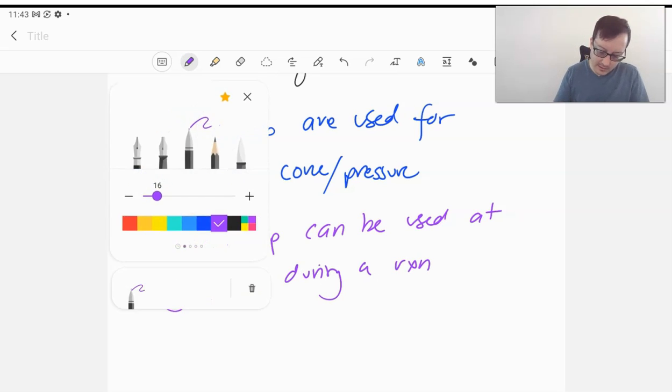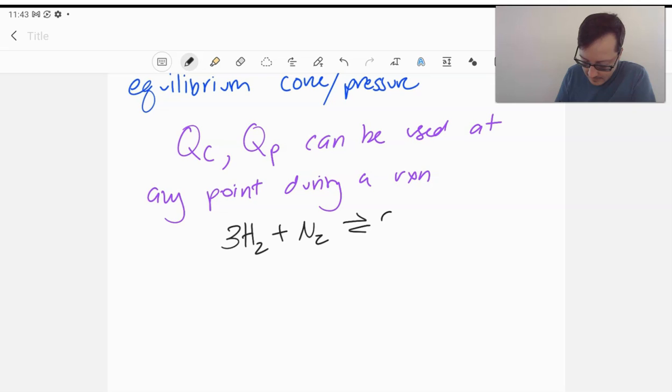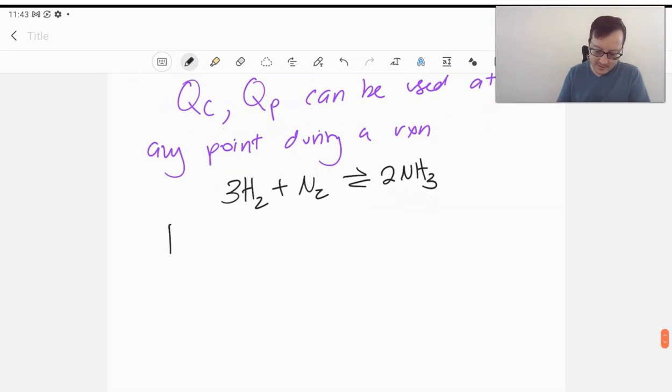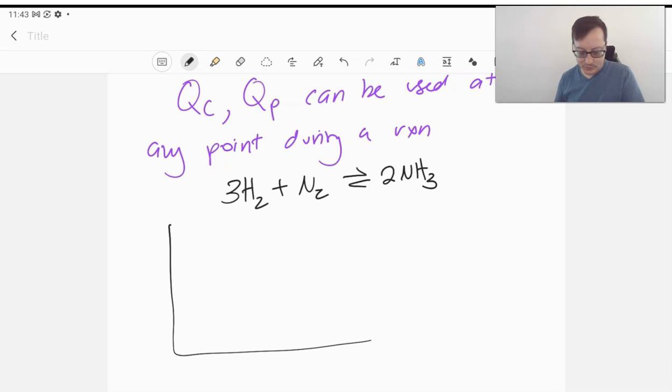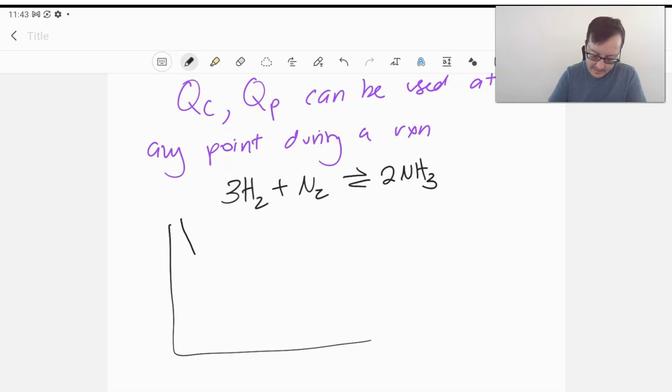And if we consider, say, a fairly simple reaction, how about the same one we've been doing the whole time? Yay, our favorite. If we take a look at graphically what this might look like, if we put hydrogen and nitrogen together, say hydrogen is our black line, we've got the pressure of hydrogen here, here's time.